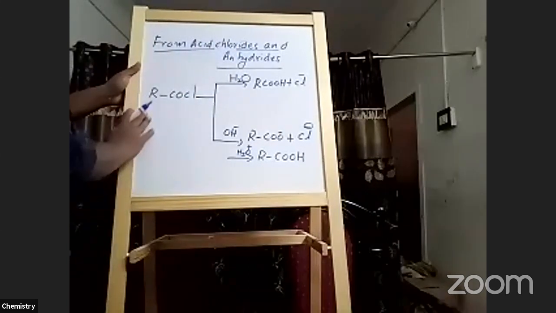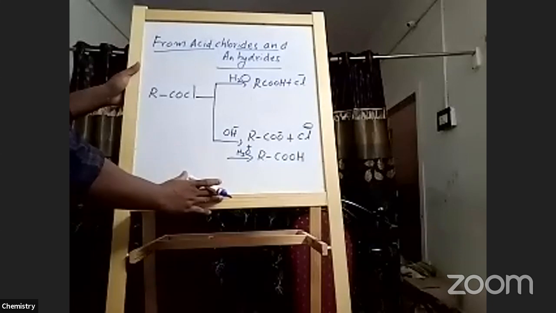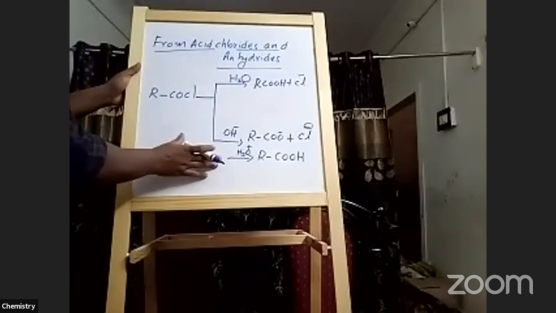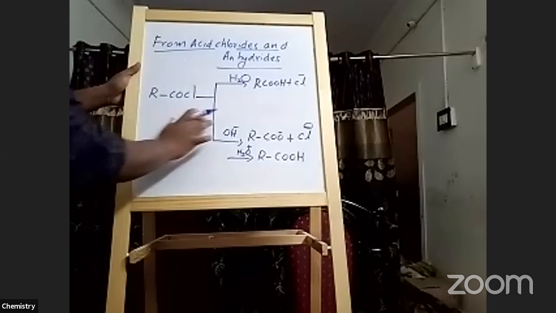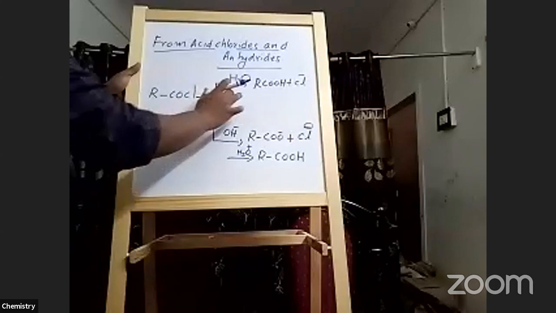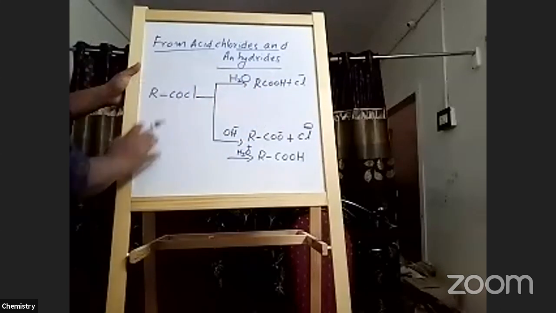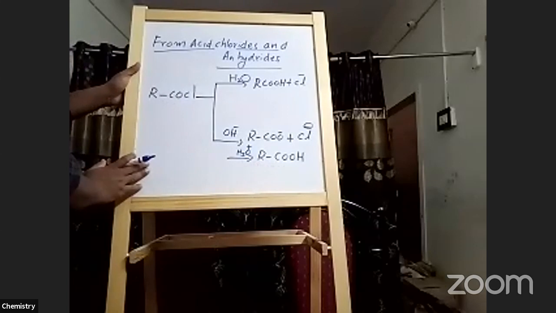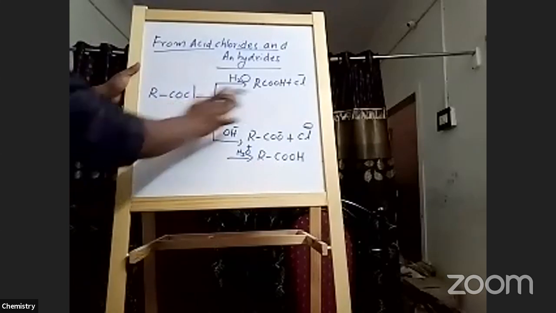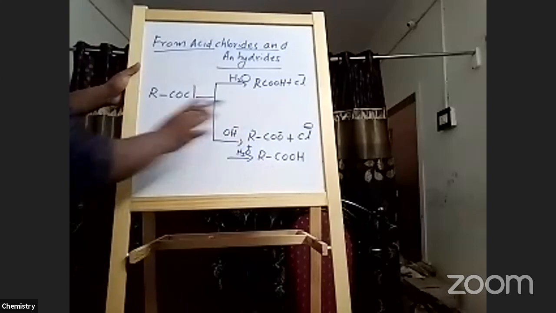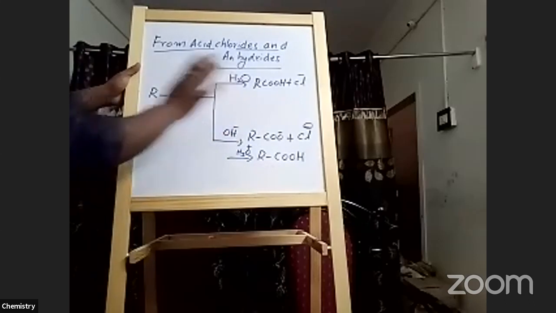On the preparation of carboxylic acid from acid chloride or acyl chloride, in the final examination they can ask RCOCl with water, or with OH minus, like that, for 2 marks.